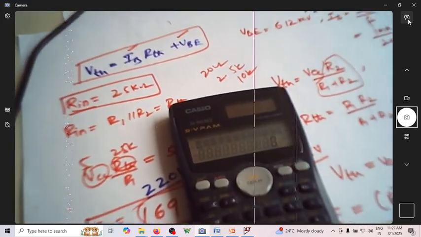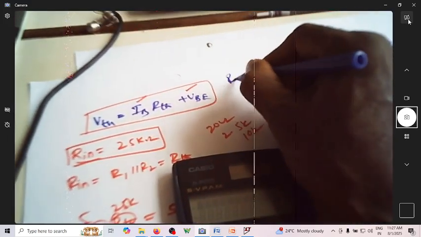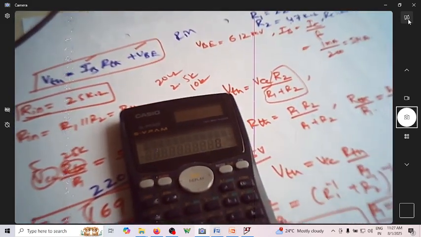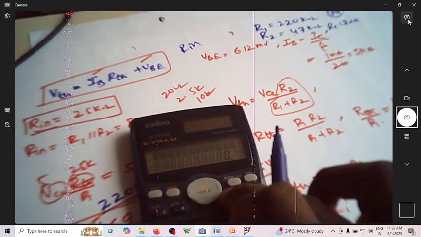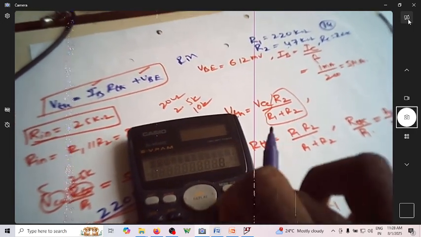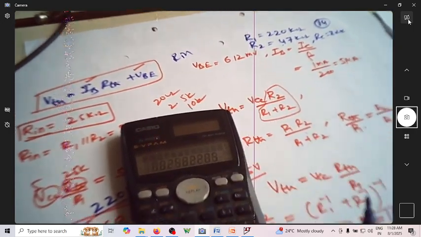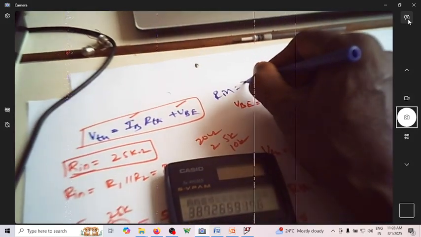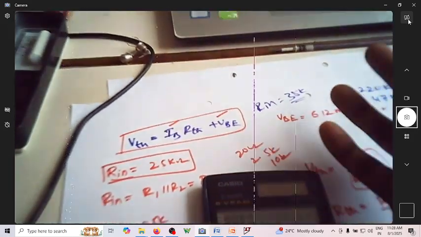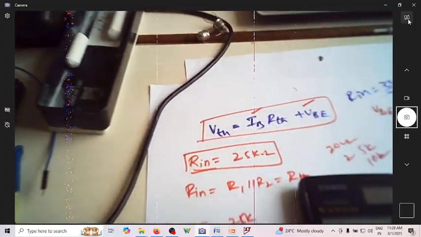So now you can find what is R in here. R in is a parallel combination of this, which is 220 inverse plus 47 inverse, whole inverse, which is 38K. So 38K is very good compared to 25K.